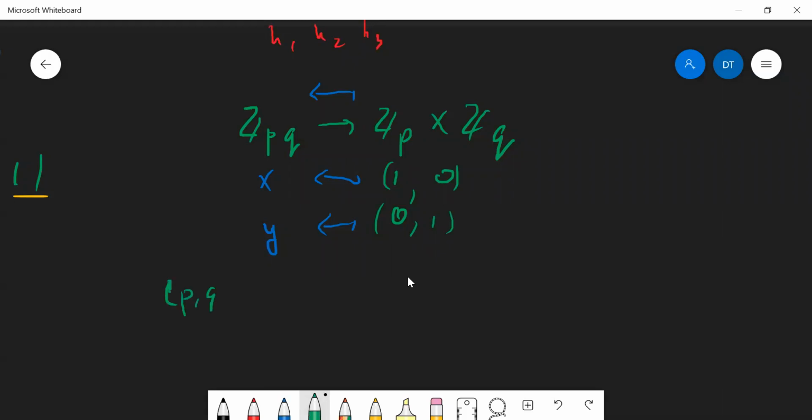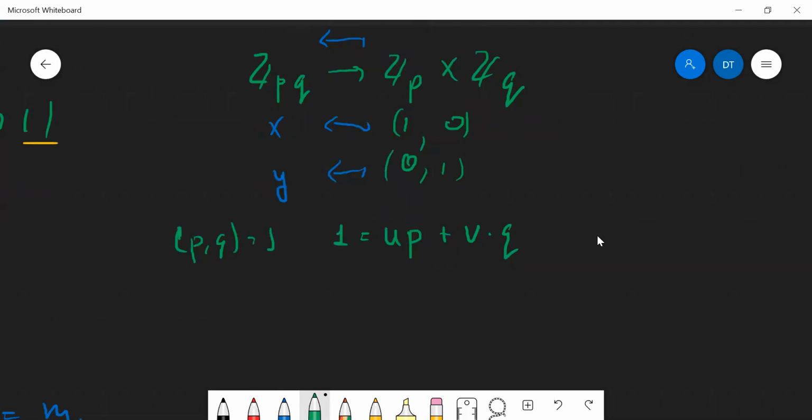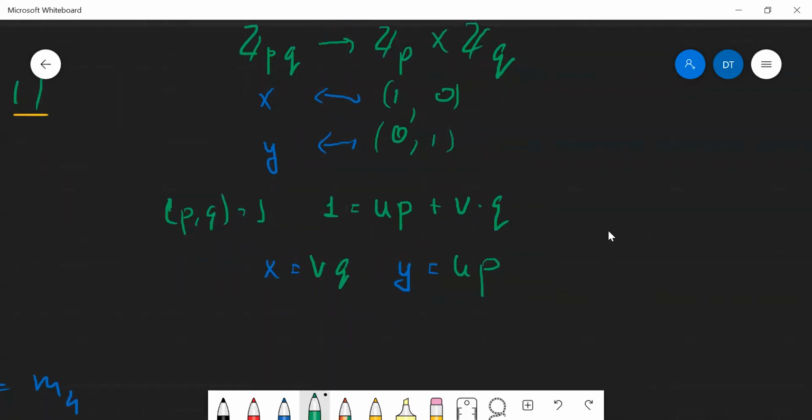Since P and Q are coprime, I can present one as a sum U times P plus V times Q. Then x will be VQ and y will be UP. So that's the first step.